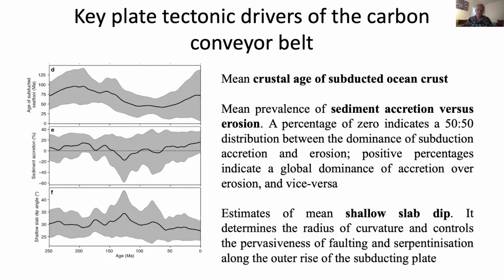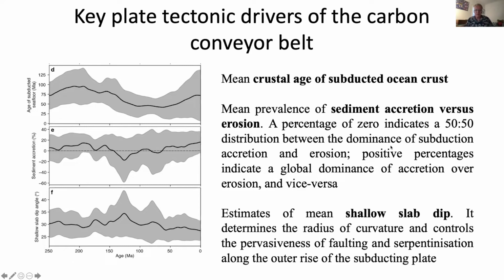We need to know two other tectonic parameters. We need to know something about the prevalence of sediment accretion versus erosion along subduction trenches, because this determines how much of the sediment that arrives at a trench actually keeps on going down versus sediment that's being accreted to the overriding plate, contributing to crustal growth.